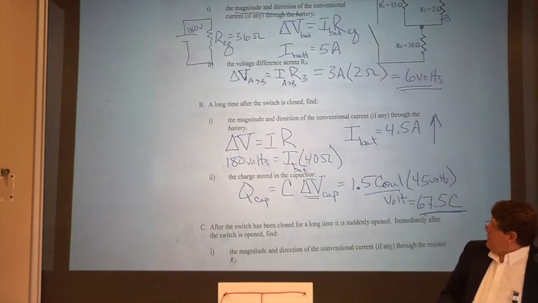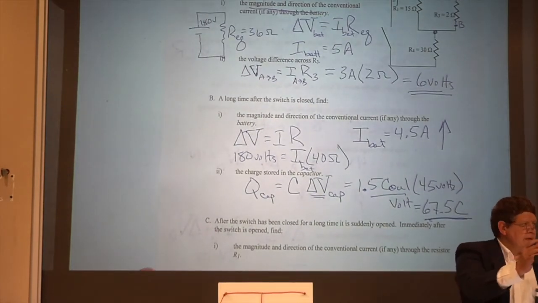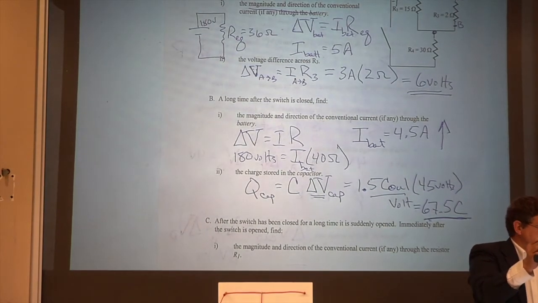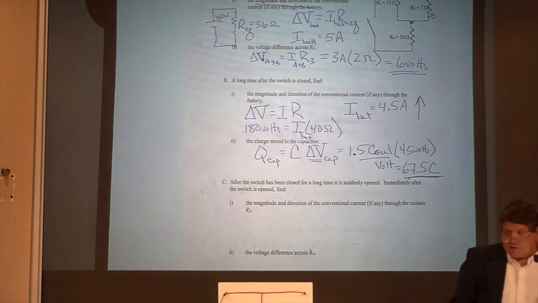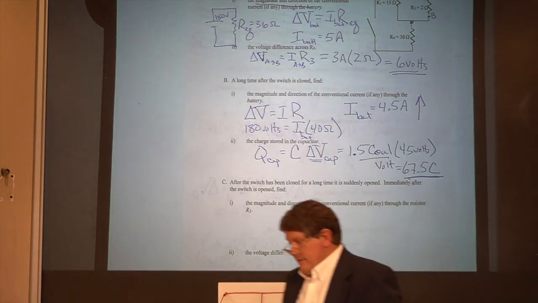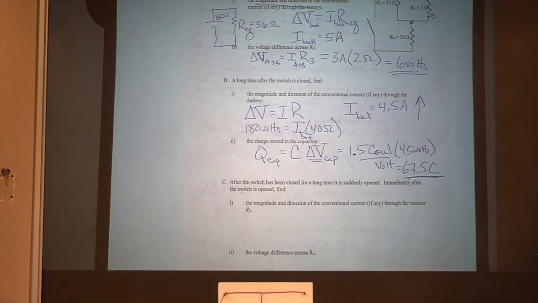Now we get to a part that makes this problem a little bit different than the first problem. Remember, I told you there were 3 times that we could talk about.